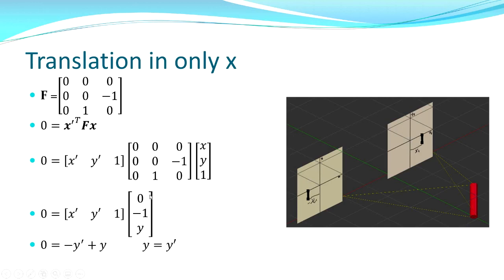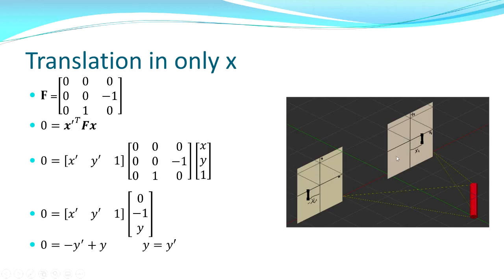You will see that for x there is nothing over here because all are 0. You will see a -1 over here, and you will see a y over here. Similarly, when you multiply these two, you will get this equation: minus y dash plus y is equal to 0. So that finally gives you y is equal to y dash. This was quite intuitive. I am just mathematically deriving the cases that we saw in our stereo disparity video.